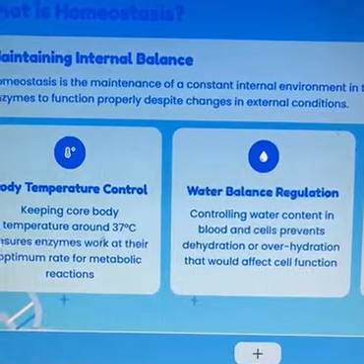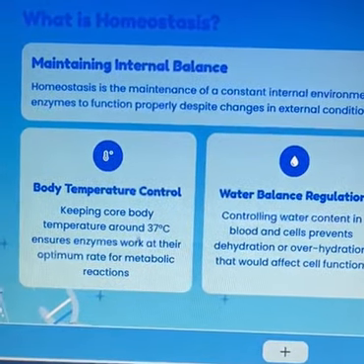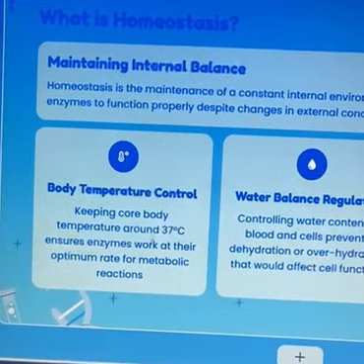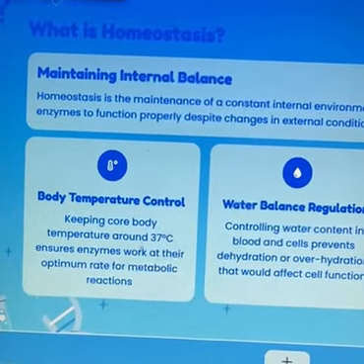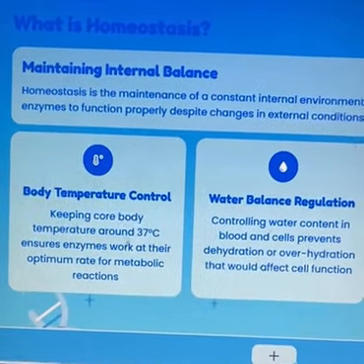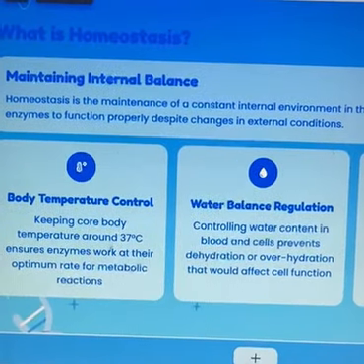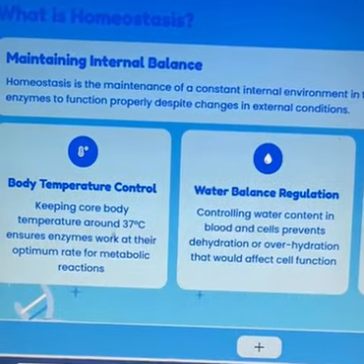Even though the external condition will change, homeostasis will try to maintain the internal environment.